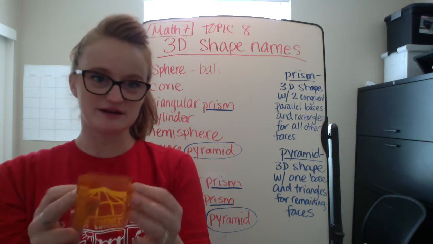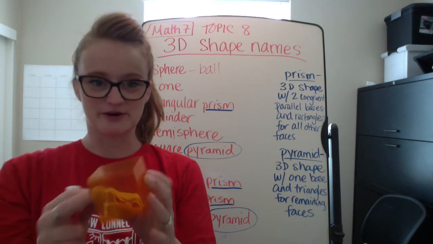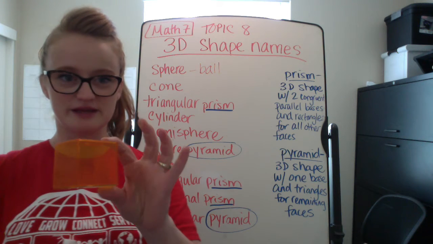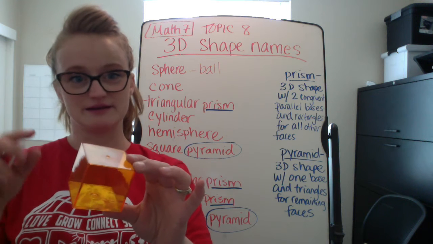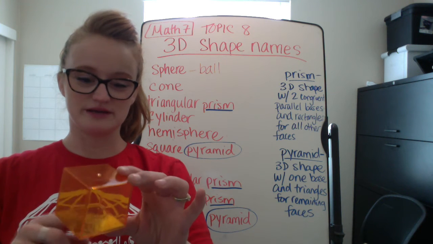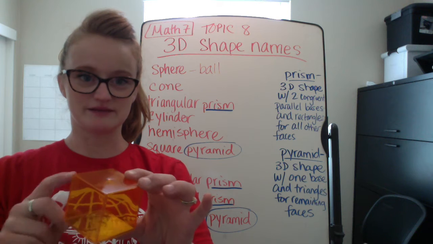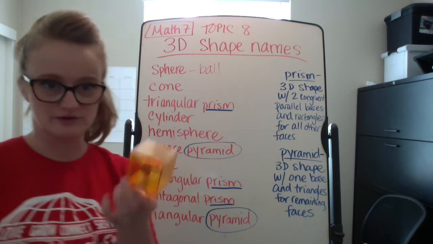Dice are cubes, and some ice cubes are cubes, maybe not perfect though. Cubes can be different sizes, bigger or smaller, but they have to have all three sides the same. The length, the width, and the height all have to be the same length in order for it to be a cube.